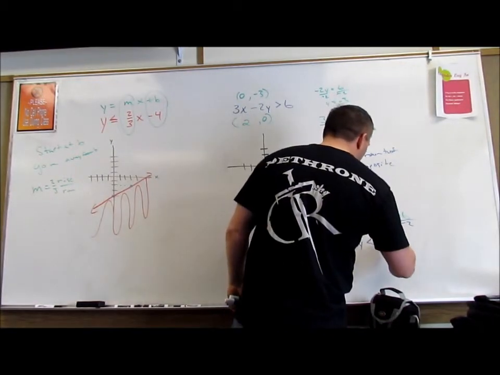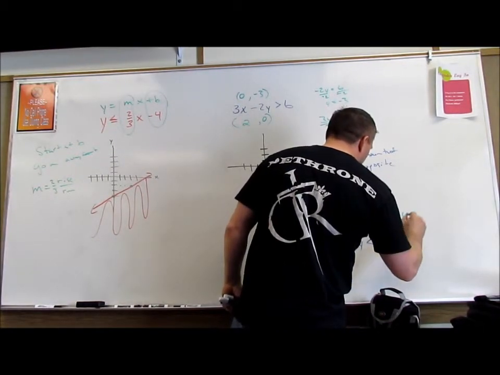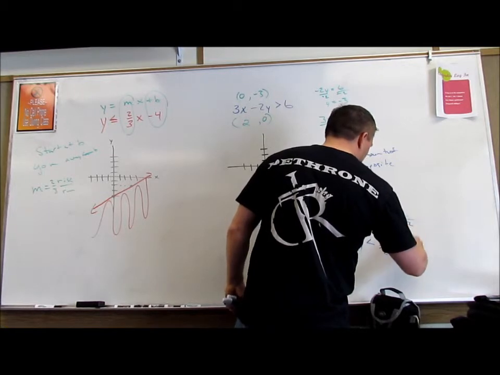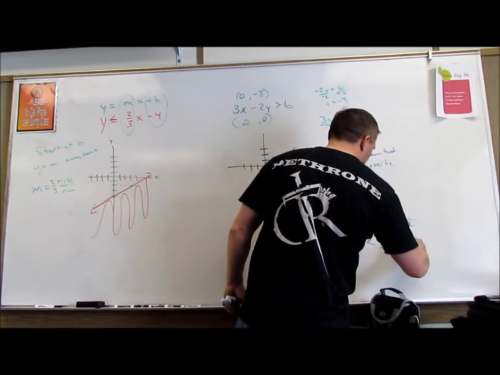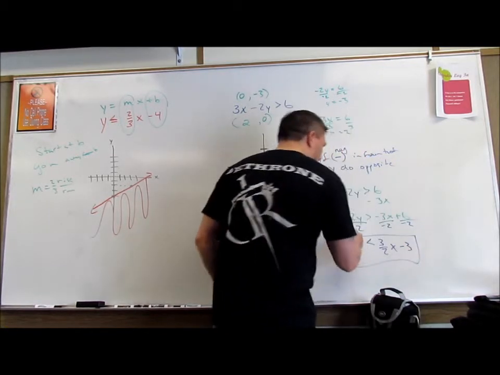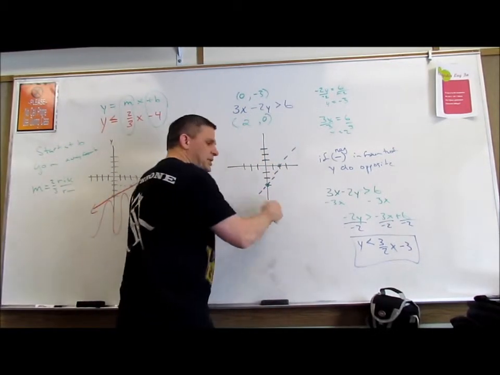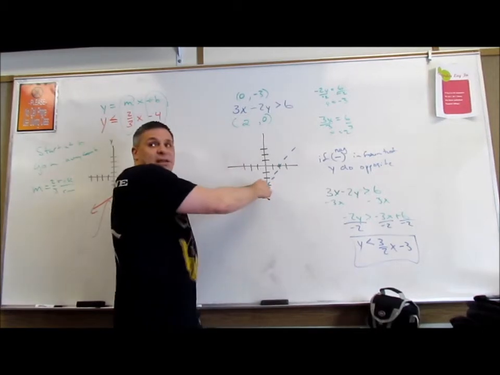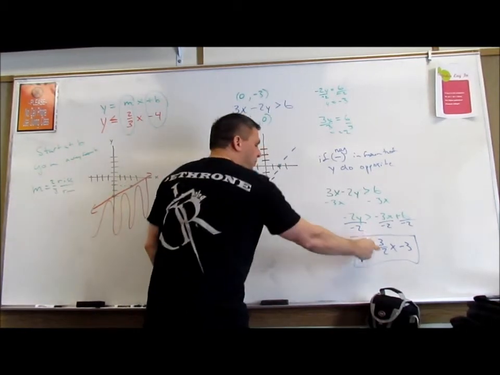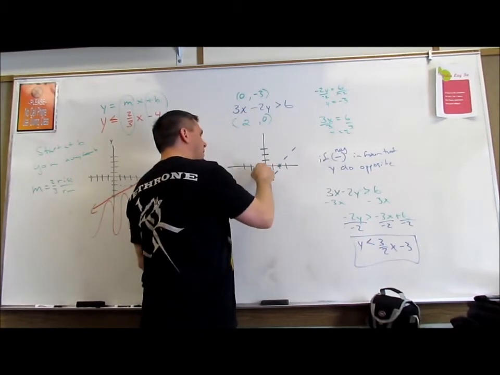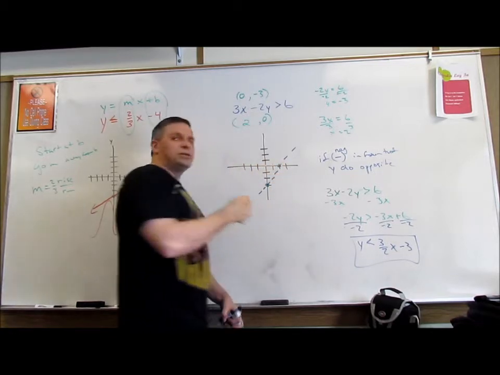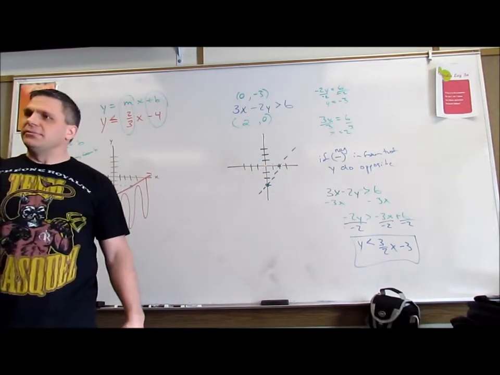When you flip the sign, everything changes. So now that's my equation of the line. Is this still matching? Negative 3, negative 3. Up 3, right 2. Up 3, right 2. So it still matches.